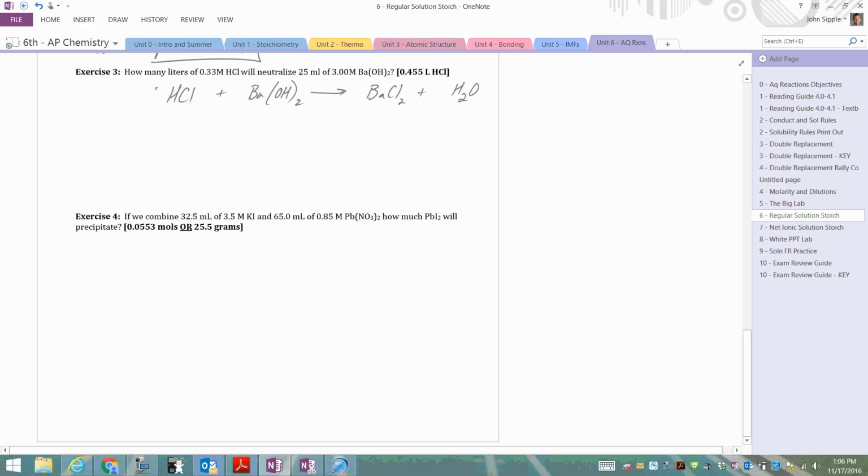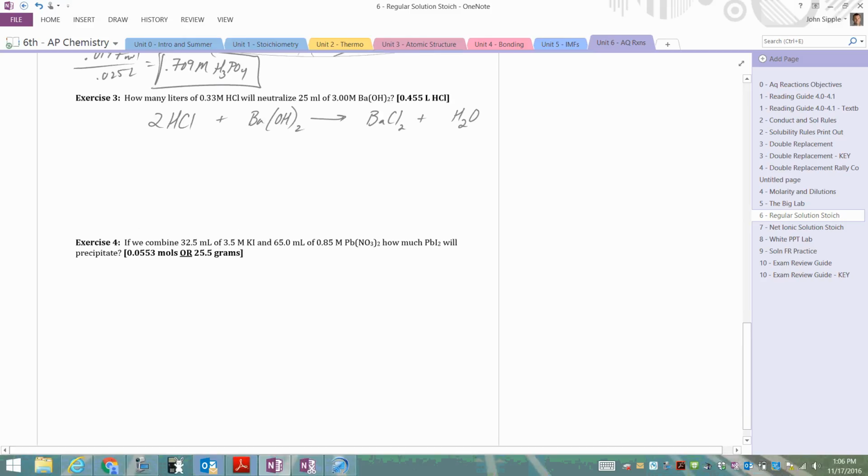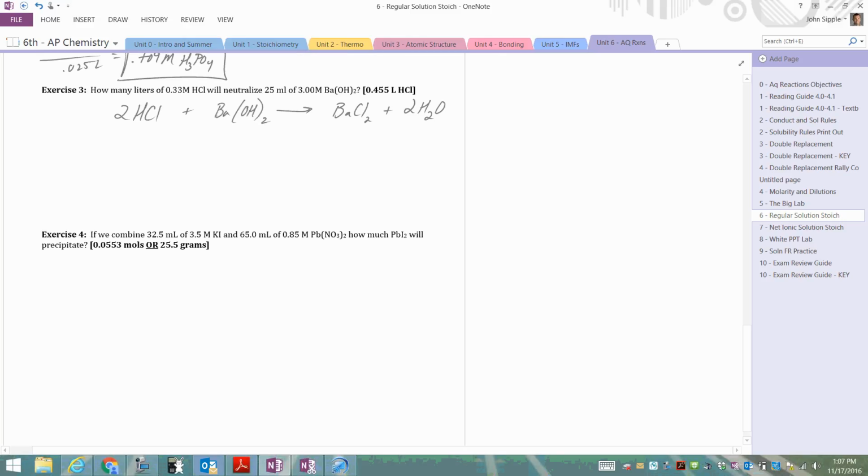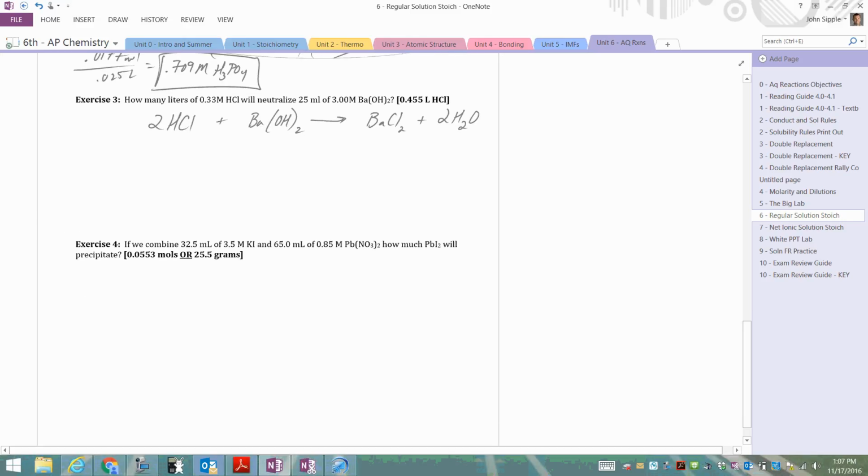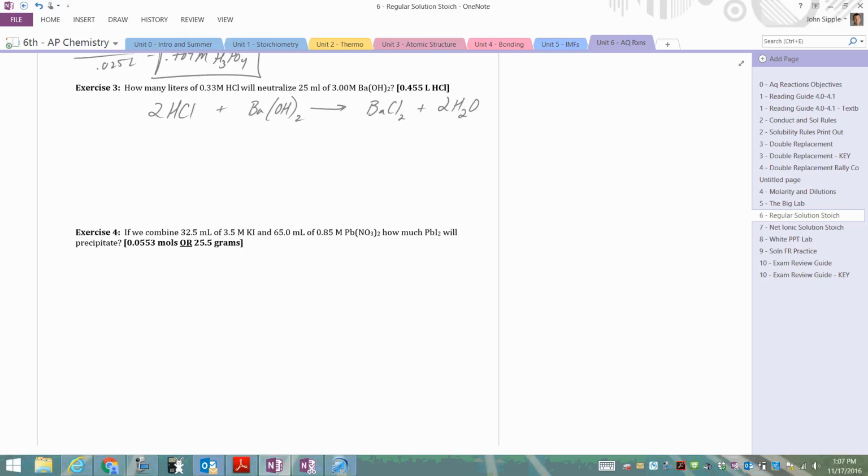We need 2 hydrochloric acids for barium hydroxide, that would produce waters. Okay. All right, so what do we start with? We start with the substance that they give us the most information about. Okay, that's why we started with that one.